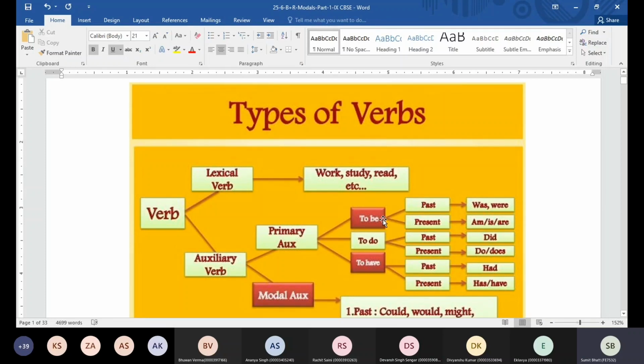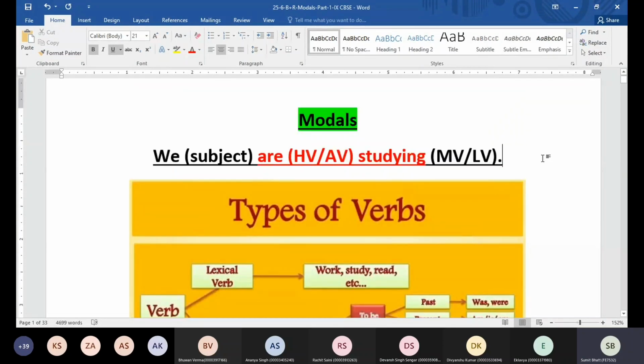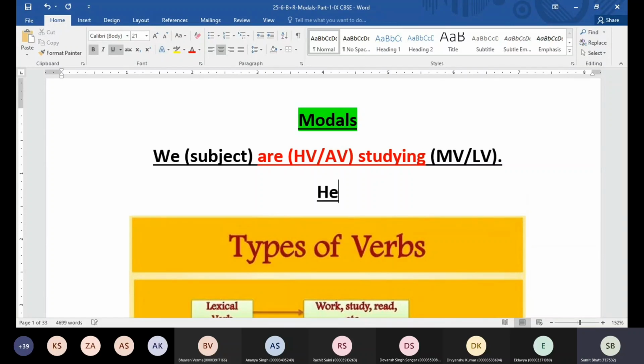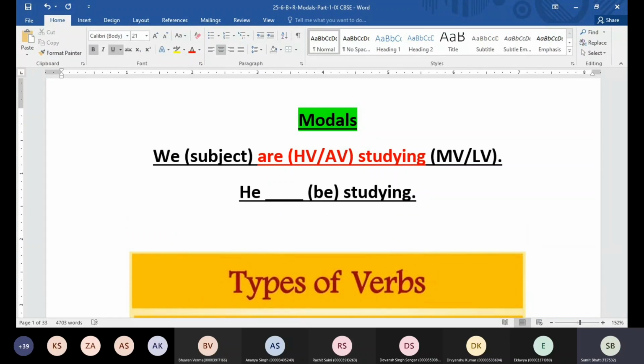When you talk about the be verb, be is going to mean was, were, am, is, or are. For example, if you get a sentence wherein you have "he ___ studying" and we have to fill in the blank using something with be, what are the options available? He is studying.